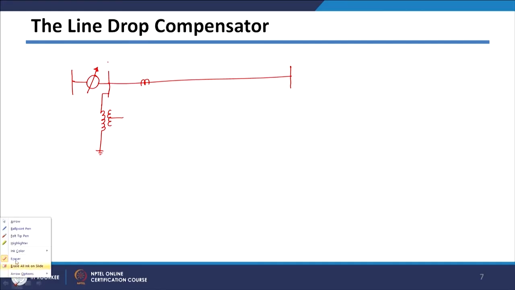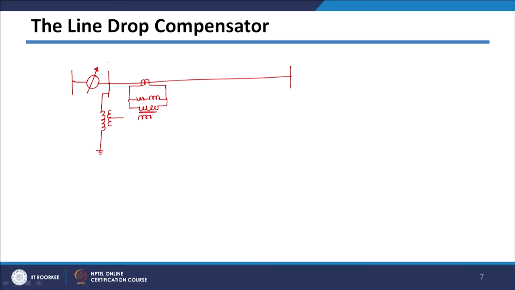If you see inside the line drop compensator circuit, it will be having this current transformer. Across this current transformer, some impedance will be connected, and then there will be one transformer which is having ratio 1:1.